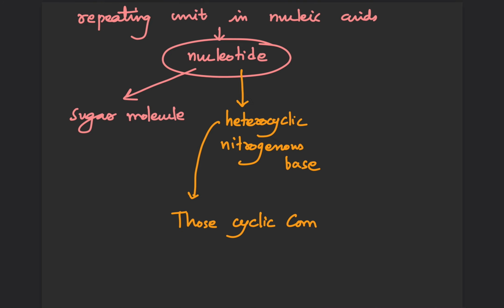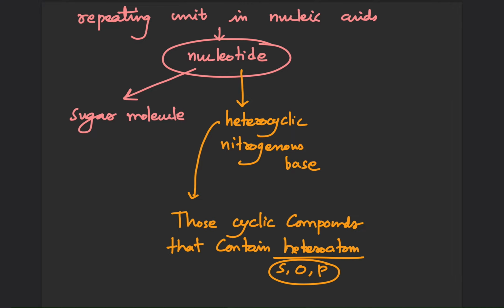I hope everyone knows what a heteroatom is in organic chemistry. Any atom apart from carbon, for example sulfur, nitrogen, oxygen, phosphorus, is known as a heteroatom. So those cyclic compounds which contain a heteroatom are known as heterocyclic compounds.